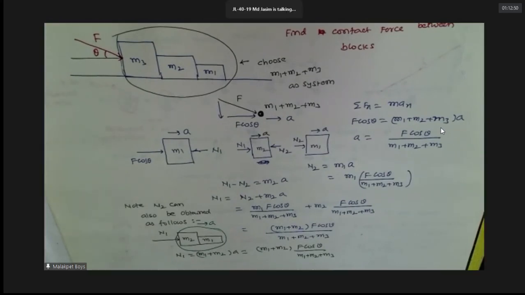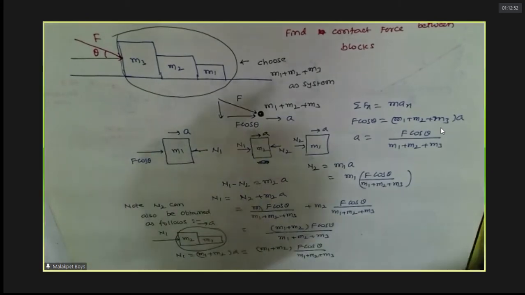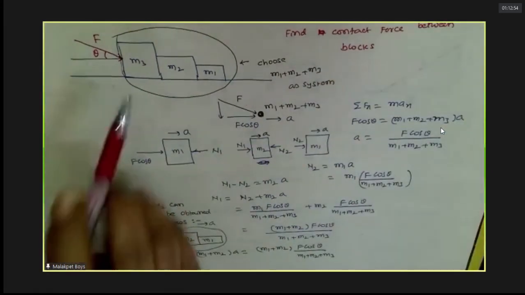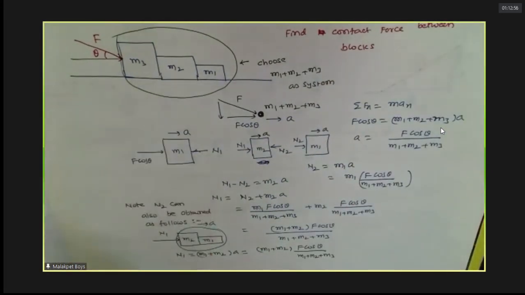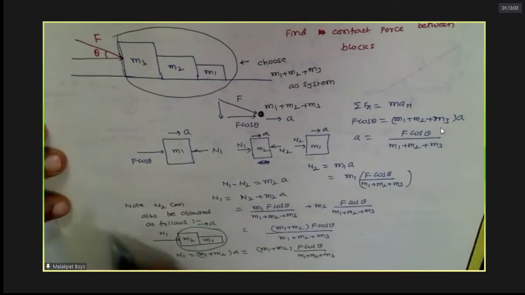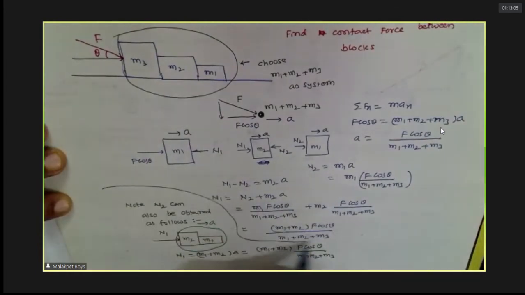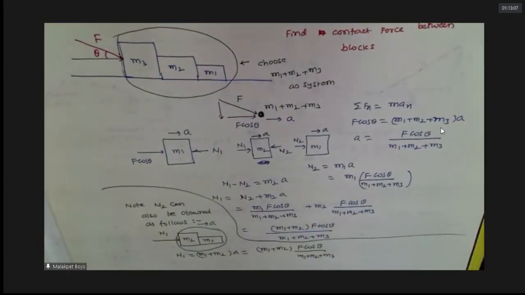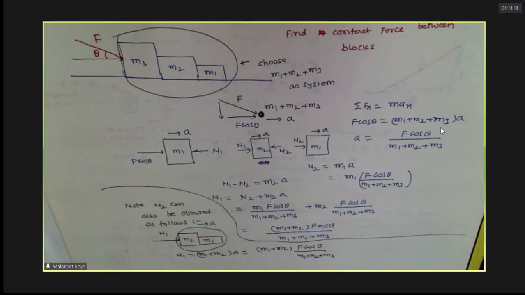Clear, sir. So you got the normal reactions now. This is the normal reaction between them. This is between these two. Feeling difficult or easy? Easy. Compared to kinematics, you are feeling it easy, I think. Am I right?